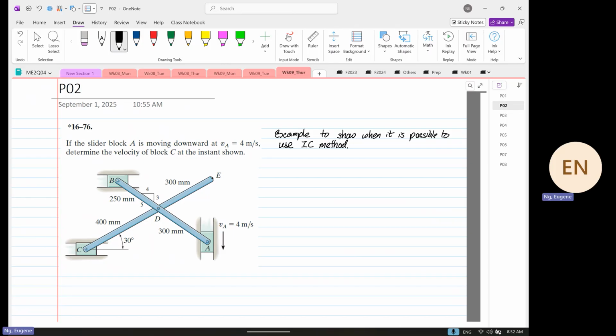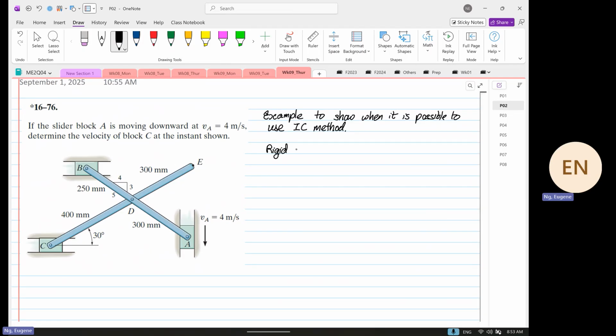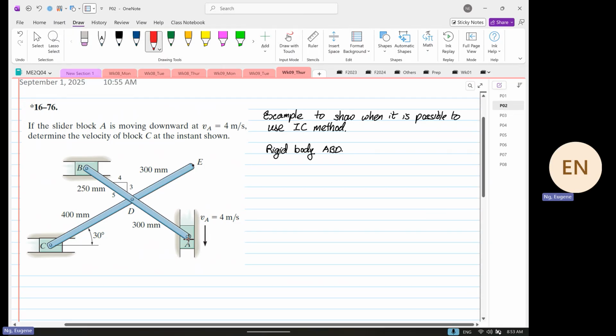Like before, we know that we have a rigid body ABD. So we understand that this will be going downwards, 4 meters per second.